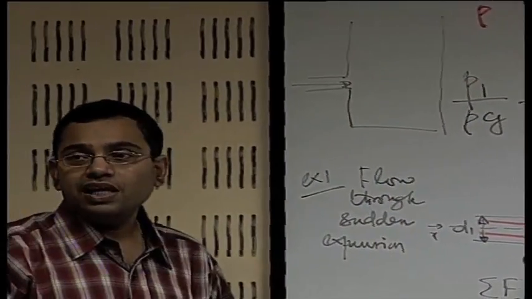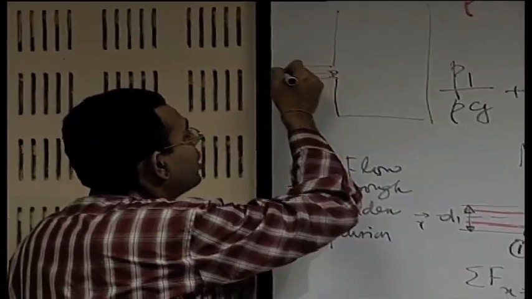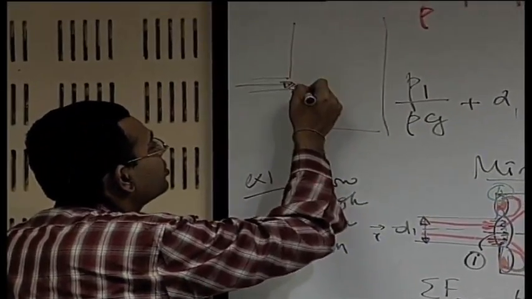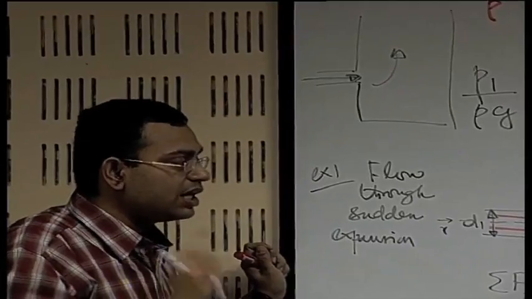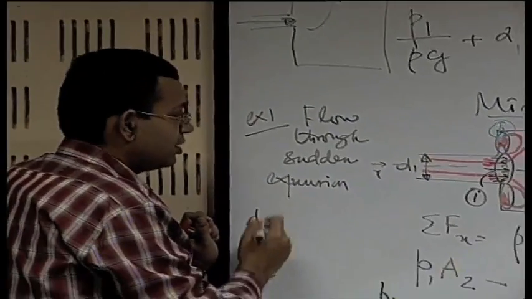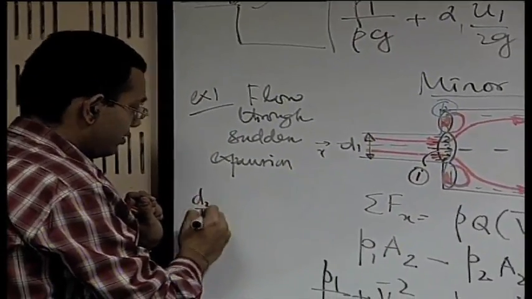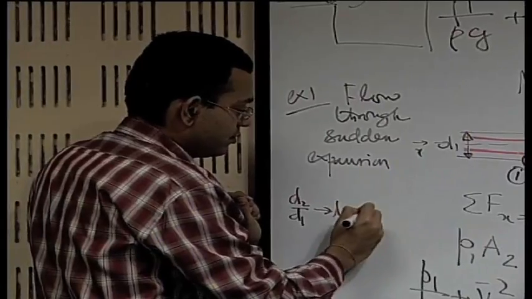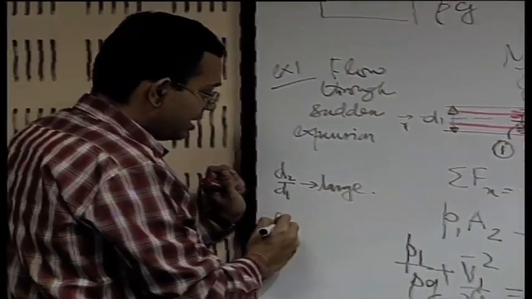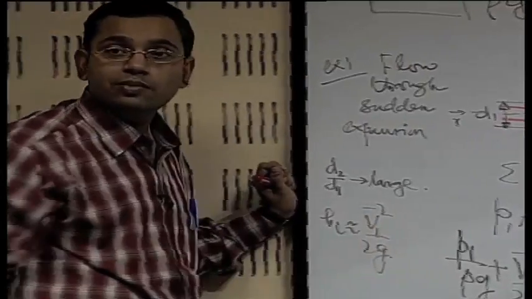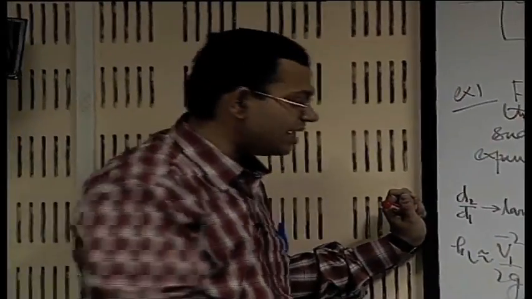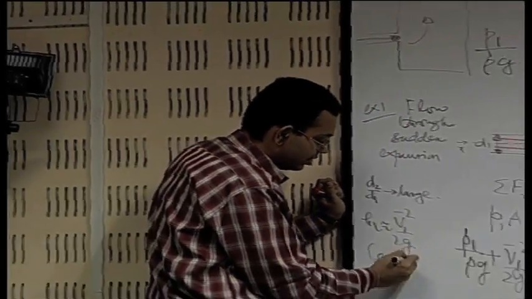Fluid is exiting from the pipe into a reservoir, and that is a special case of this with d2 by d1 very large. Then this becomes approximately V1 square by 2g. This is known as exit loss.